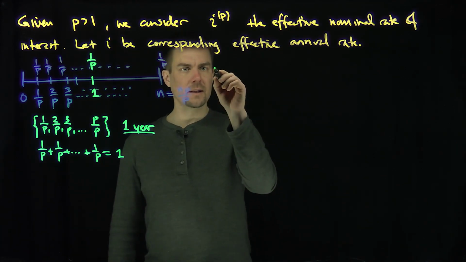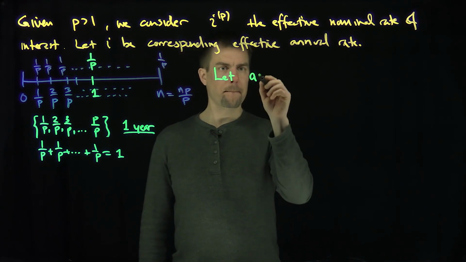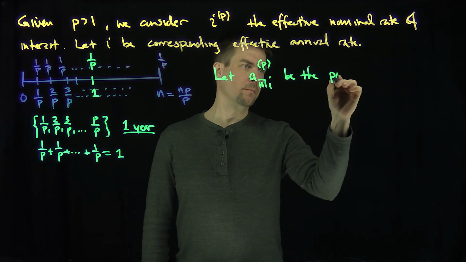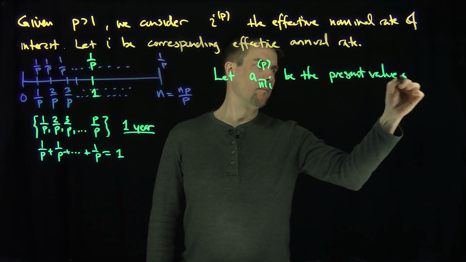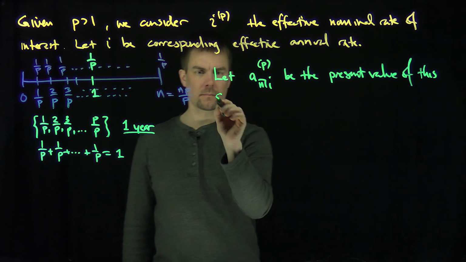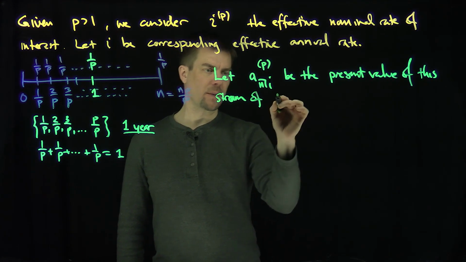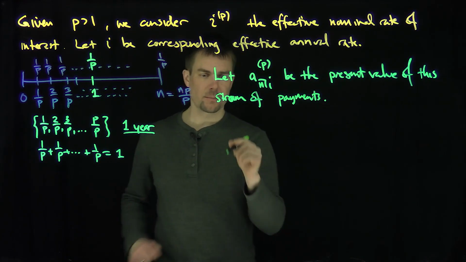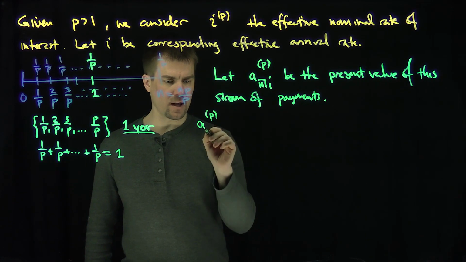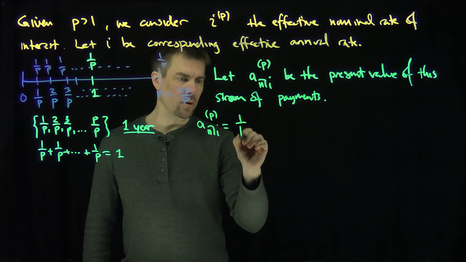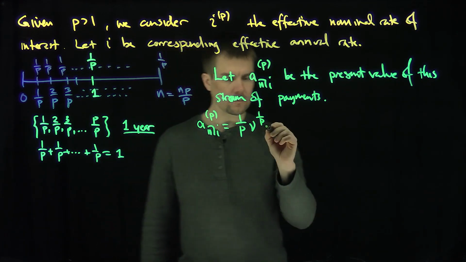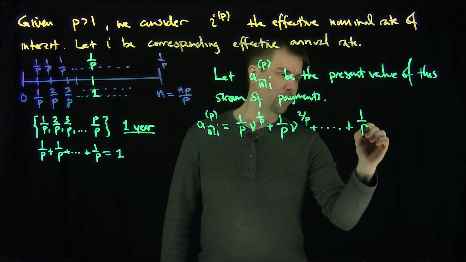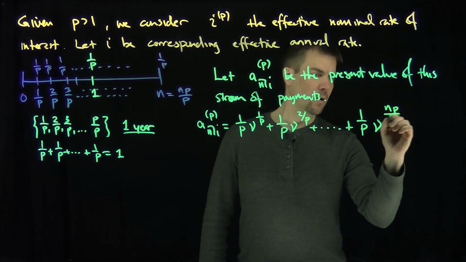So define a_n^(p) to be the present value of this stream of payments. Let's think about what this present value is going to be. a_n^(p) is going to be 1 over p, nu to the 1 over p, plus 1 over p, nu to the 2 over p, all the way down to 1 over p, nu to the np over p.